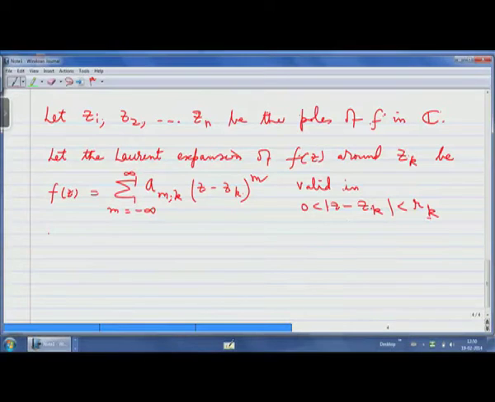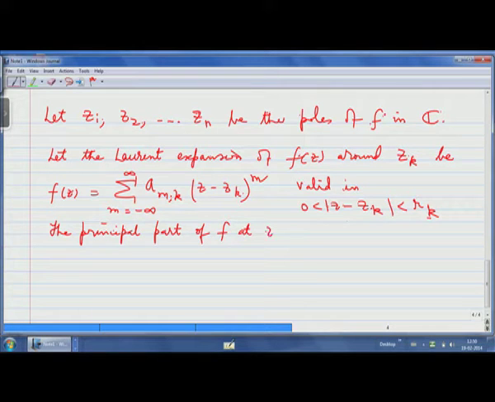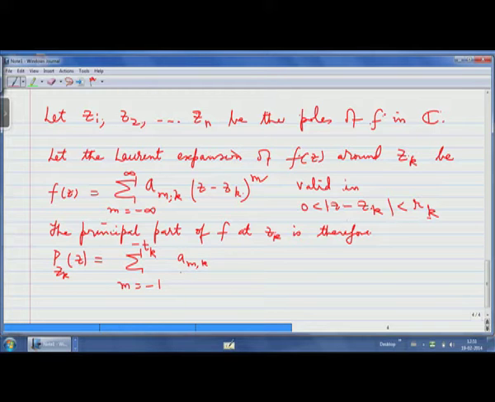So the principal part of f at zk is therefore p zk of z, which is going to be the sum over m from minus 1 to minus tk of a m k into z minus zk to the power of m.